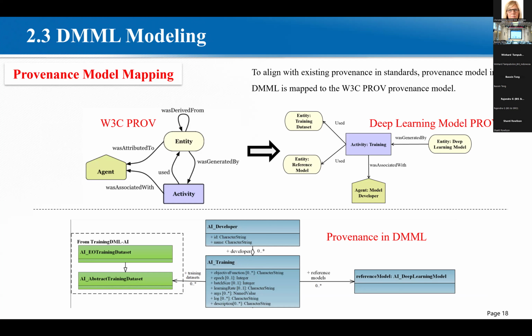For deep learning models, it is important to know the training procedure, the training data, and who trained the model. So we described it following the W3C provenance model.